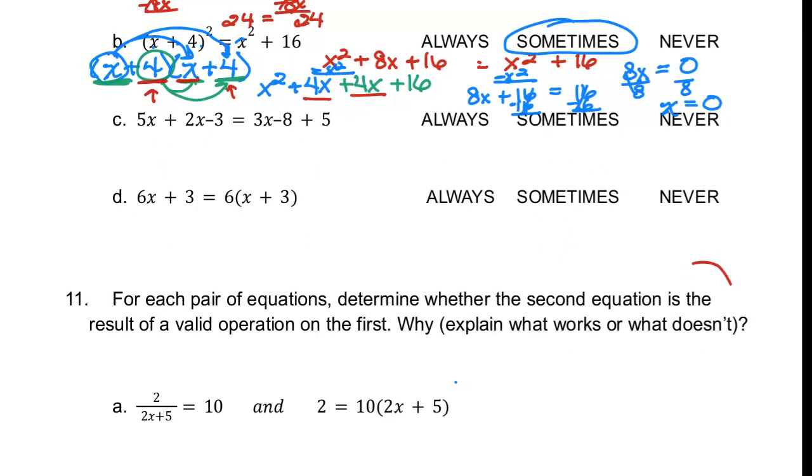All right, letter C. See if you can simplify that and solve for x. So if I simplify the left-hand side, Andrew, what am I going to get on the left-hand side?